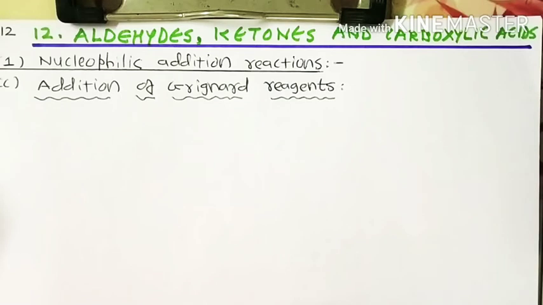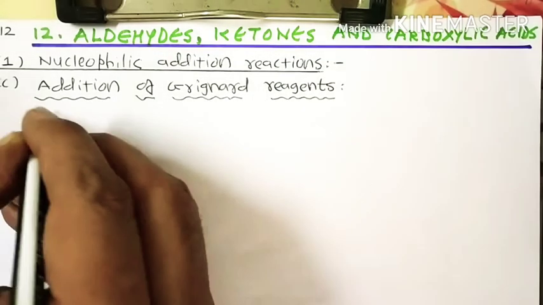We already studied this topic in a prior lesson, alcohols, phenols and ethers, because it is the preparation of alcohols from aldehydes and ketones. So today we revise this topic in the same manner. Addition of Grignard reagents.